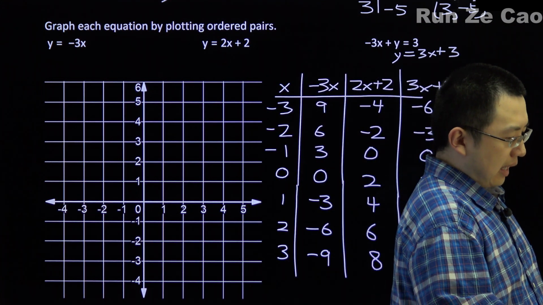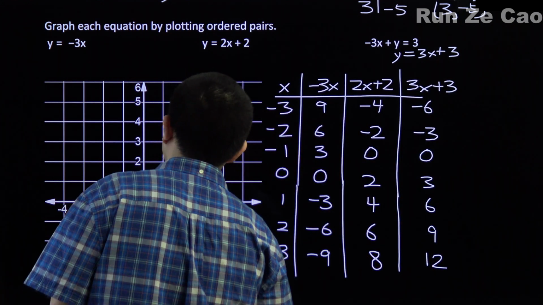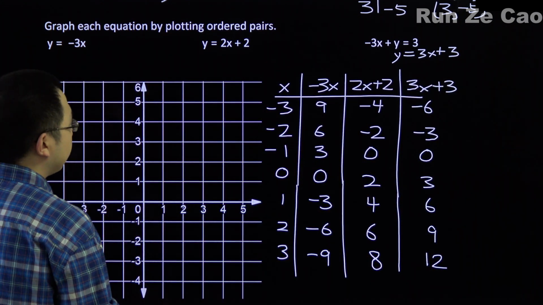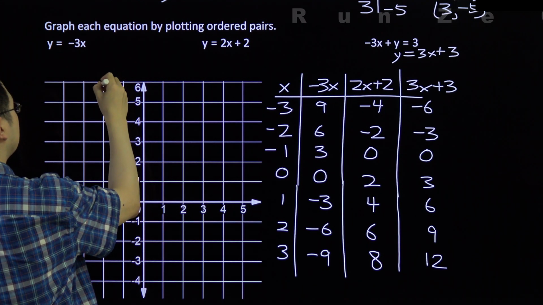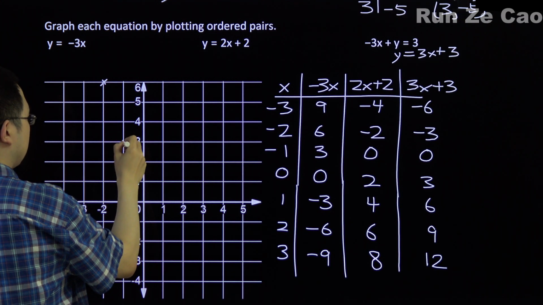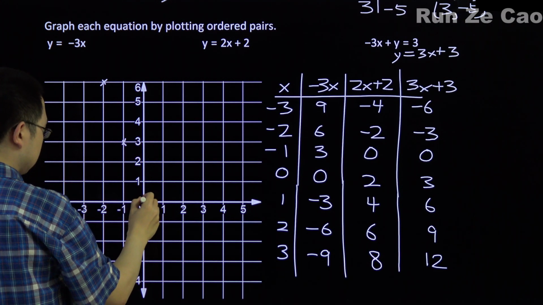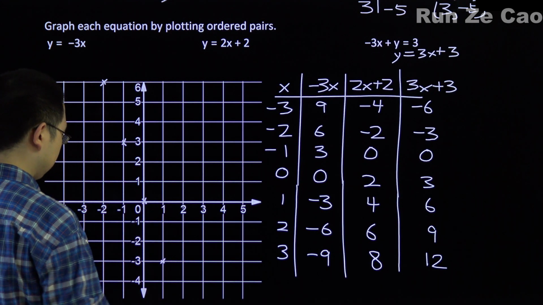Okay, so let's actually graph these. For the -3x, we show up at (-2, 6) on this grid, and then we get to (-1, 3), (0, 0), (1, -3).